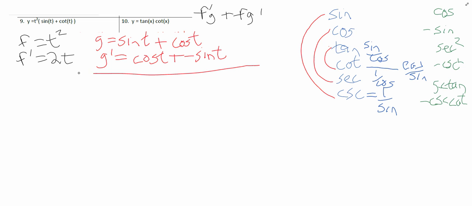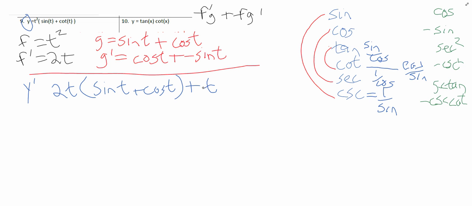And we'll just put together our function. The derivative of it is y prime. There we go. F prime is 2t times g, sine of t plus cosine of t, plus t squared times the derivative of this.